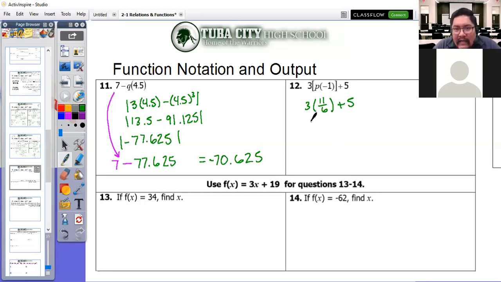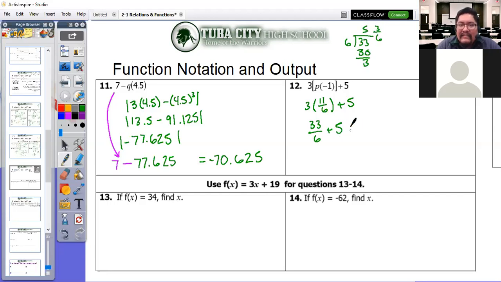All right, so what do I got here? 33 over 6 plus 5. Let's see. I'm going to go ahead and write it right up here. So 33 divided by 6, and I kind of already know what this is. So 6 goes into 33 5 times. Get a remainder of 3, 6 left over.